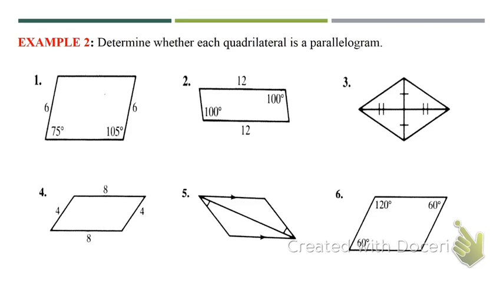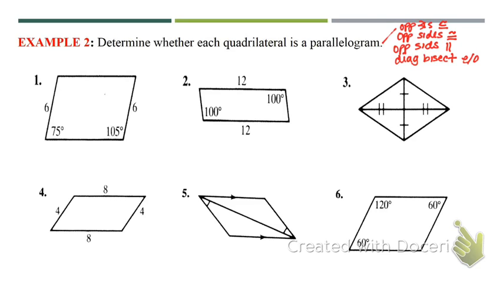So now we want to look at these pictures and determine if they satisfy one of the 5 ways to prove a parallelogram. So we're looking for: do we have opposite angles congruent, or opposite sides congruent, or opposite sides parallel, or diagonals bisecting each other?